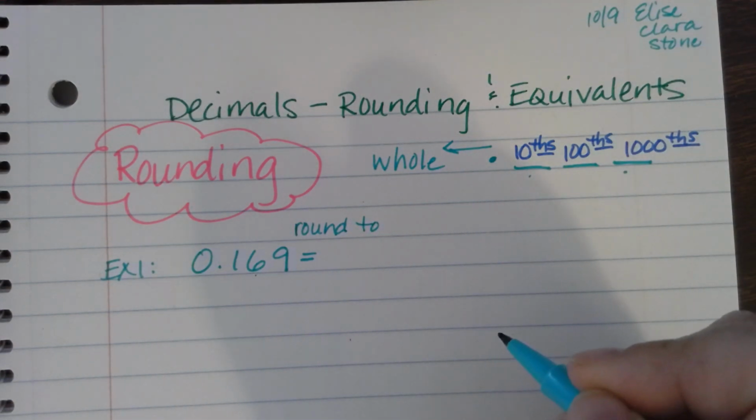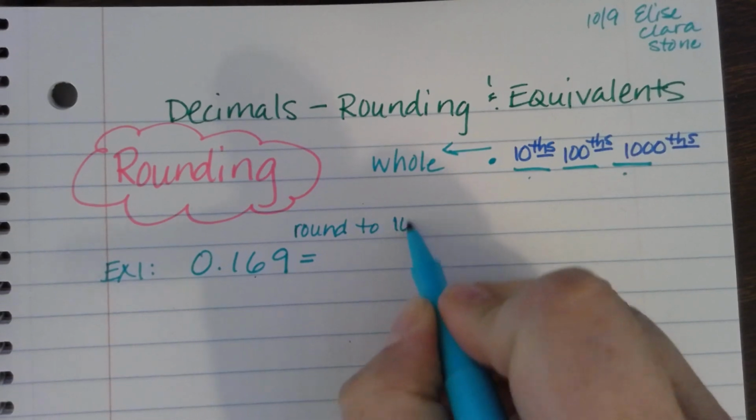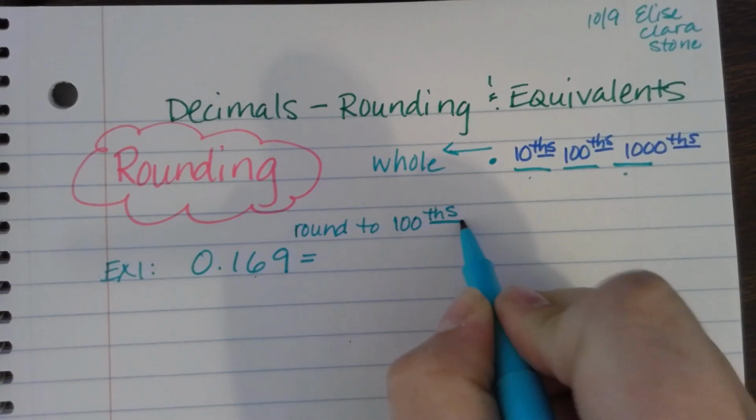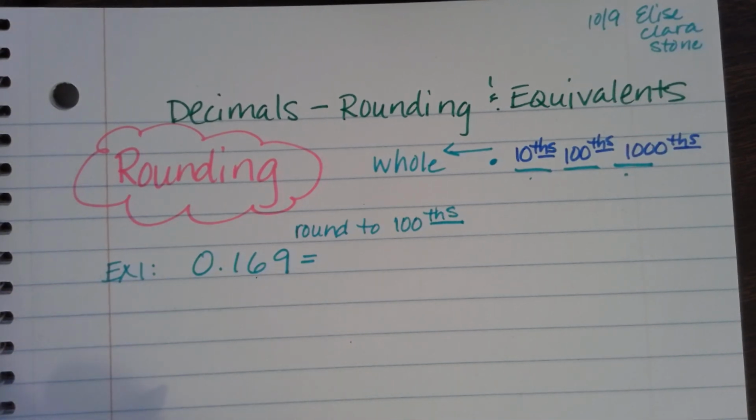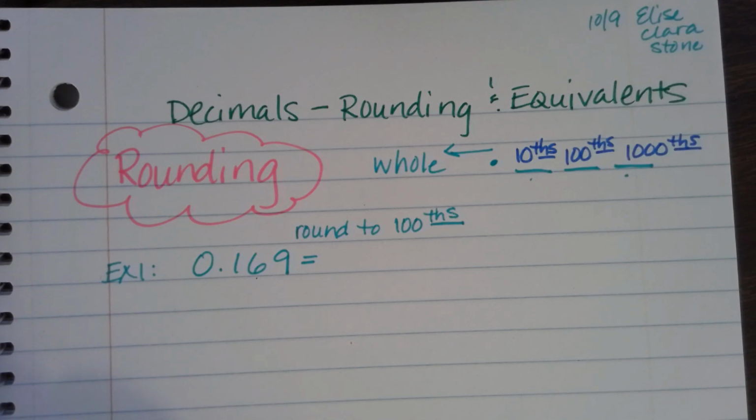But let's shorten it up. The hundredths place. Now, if there were whole numbers on this number, you want to pay attention. So if it says thousandths, read it correctly, and make sure it says thousandths, then you're looking at the decimal. If it says thousand, you're looking at the whole number.